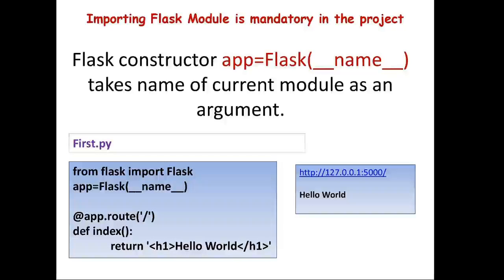Then the next part is the constructor. The object of the FLASK class is a WSGI application, and the FLASK constructor takes the name of the current module as an argument. In the last video we gave the name of the FLASK application as first.py.